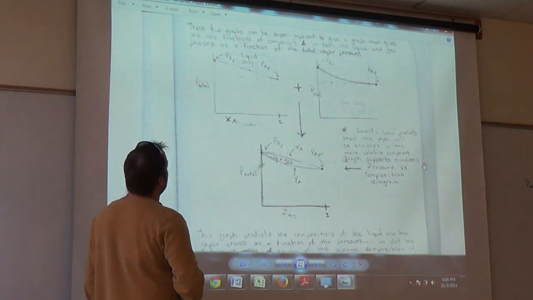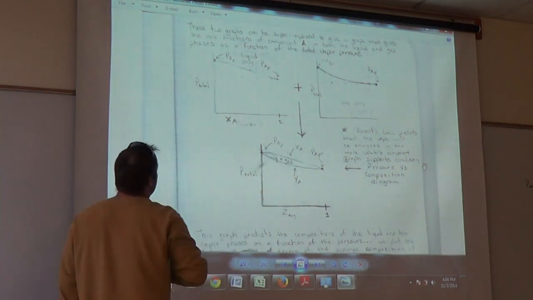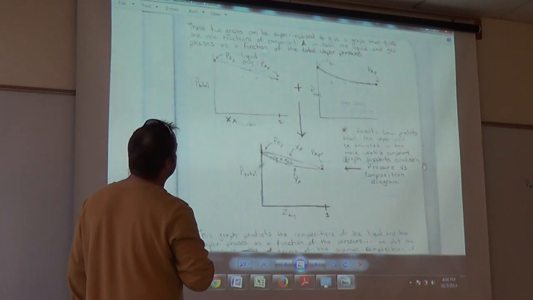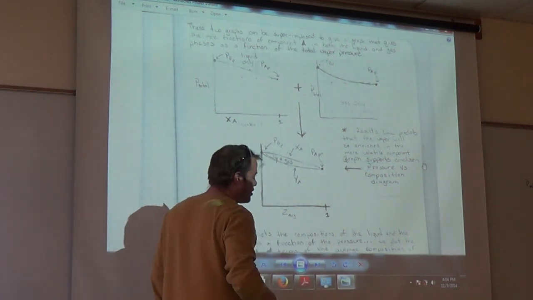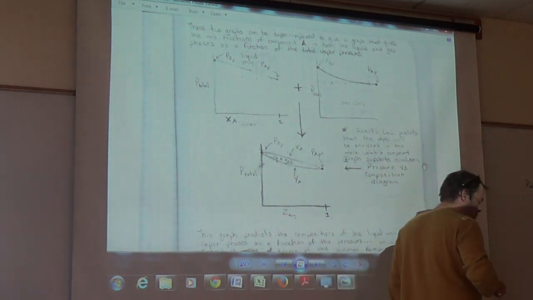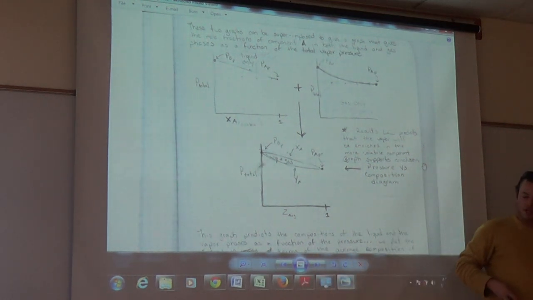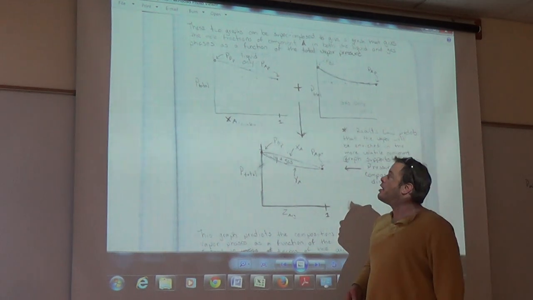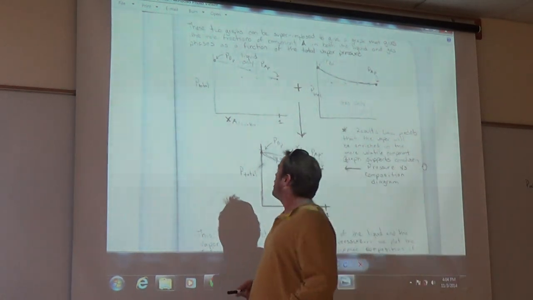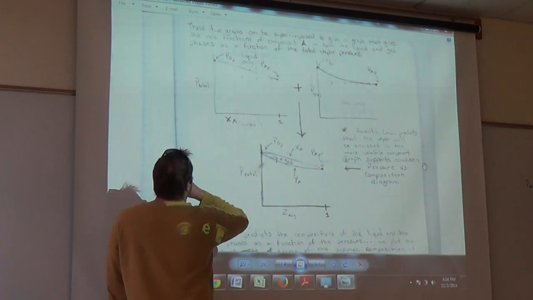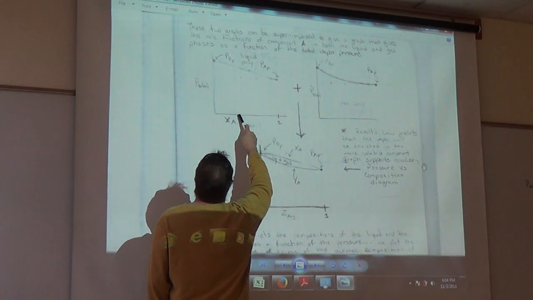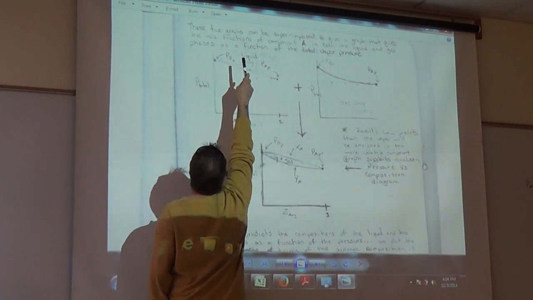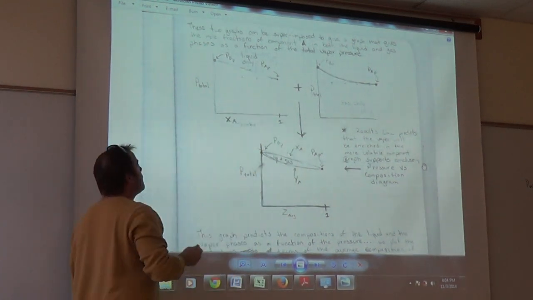So first of all, when we look at the liquid graph, the pressure as a function of the mole fraction for the species in the liquid solution, imagine that you have a liquid at some mole fraction, say this point right here, and it's at some very high pressure that brings it up above this line.